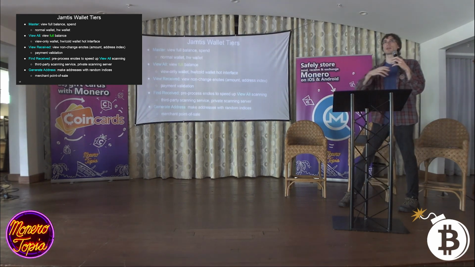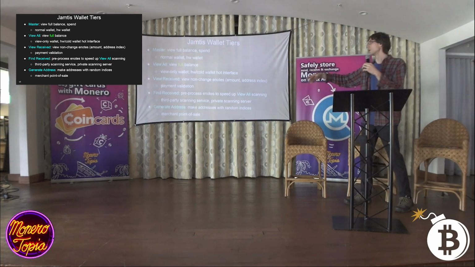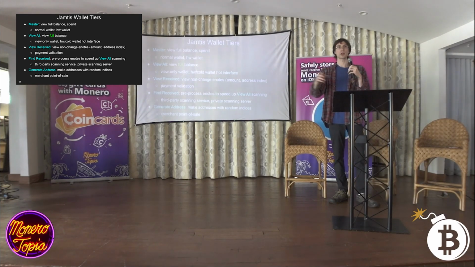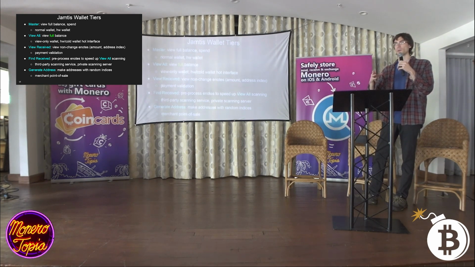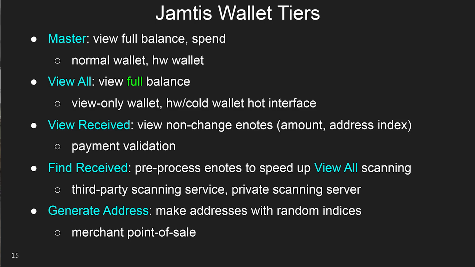So there's only a finite or small set of possibilities when you're scanning. But with this encrypted address index technique, you don't have to pre-compute anything. When you're scanning, you figure out which address owns it in place. So this lets you generate addresses with random indexes, which could be very helpful for merchant point of sale, which doesn't need to know what other addresses have been generated prior.